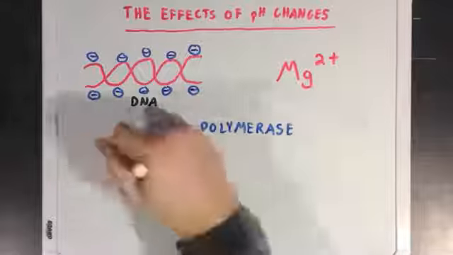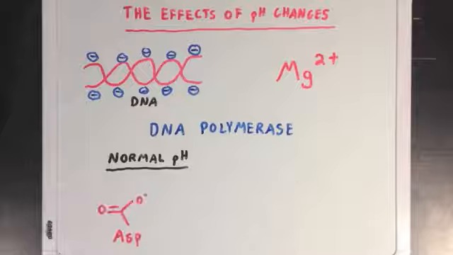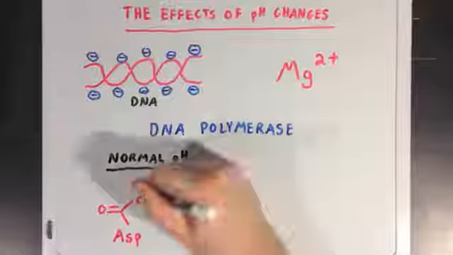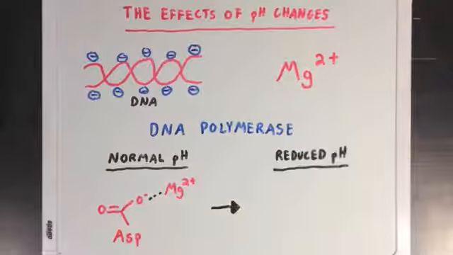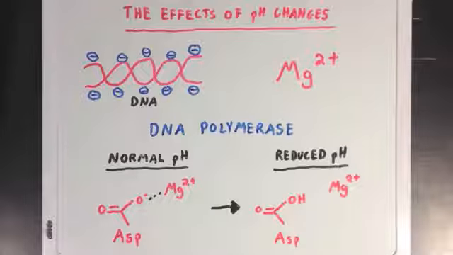Now, under normal pH conditions, the DNA polymerase will hold on to that magnesium ion through an electrostatic interaction between the magnesium and one of its aspartate residues, which would be deprotonated and thus negatively charged at neutral pH values. Now, if we are to take DNA polymerase and put it into an environment with a reduced pH, then that aspartate residue will become protonated since the pH has dropped so much.